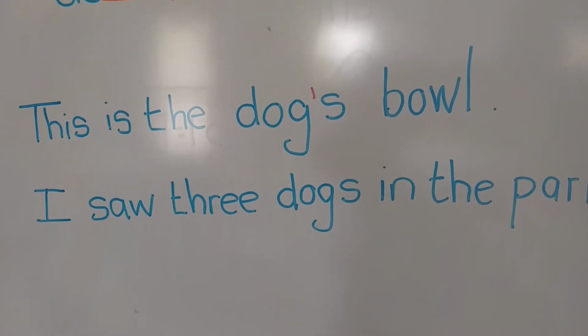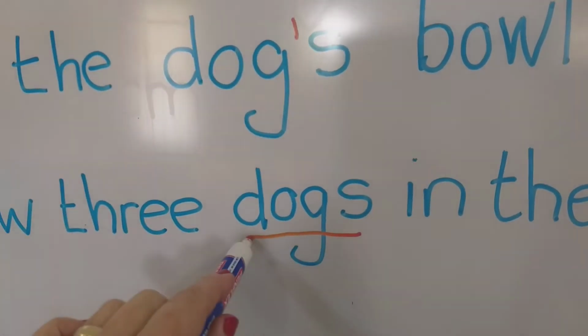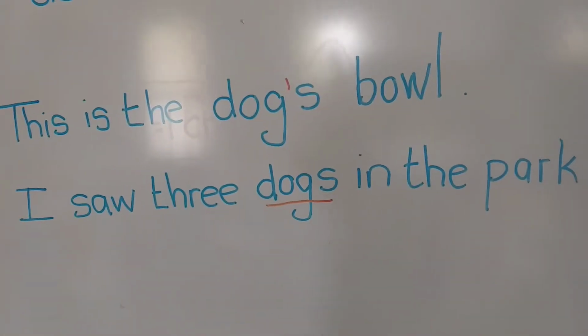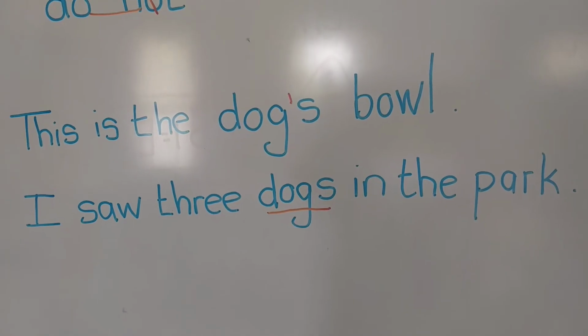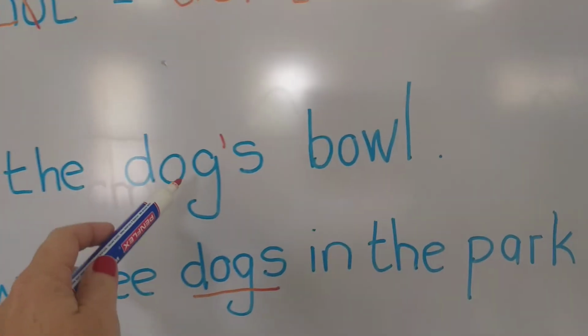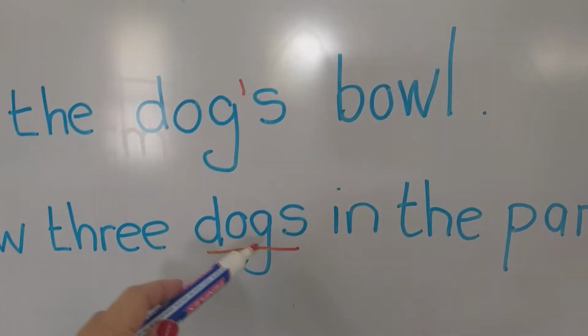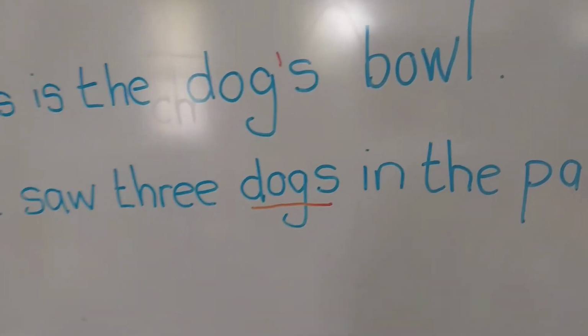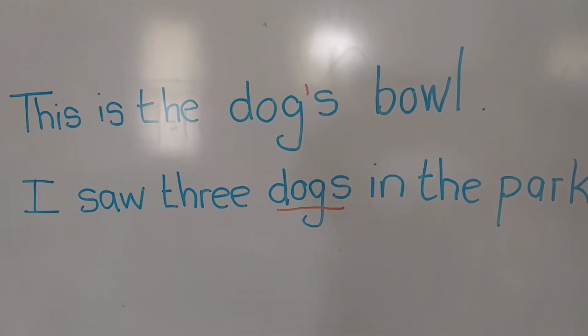That dogs over there just means more than one. It's not showing possession, therefore we don't use an apostrophe. So there is a big distinction between showing possession and a plural word, a word meaning more than one.